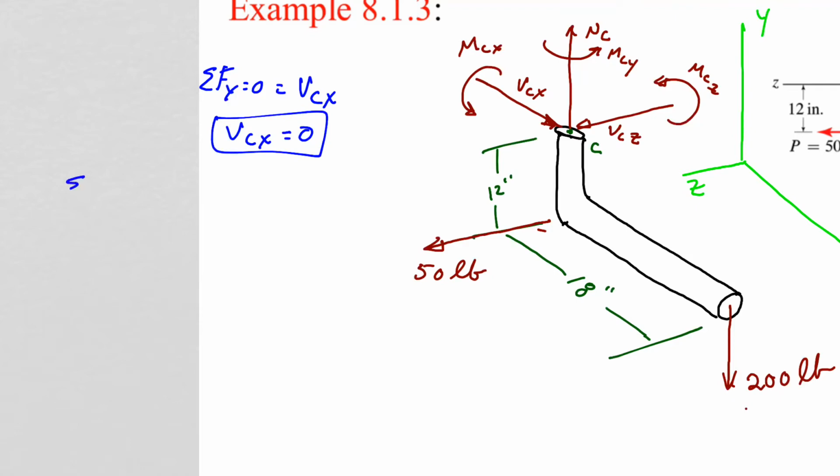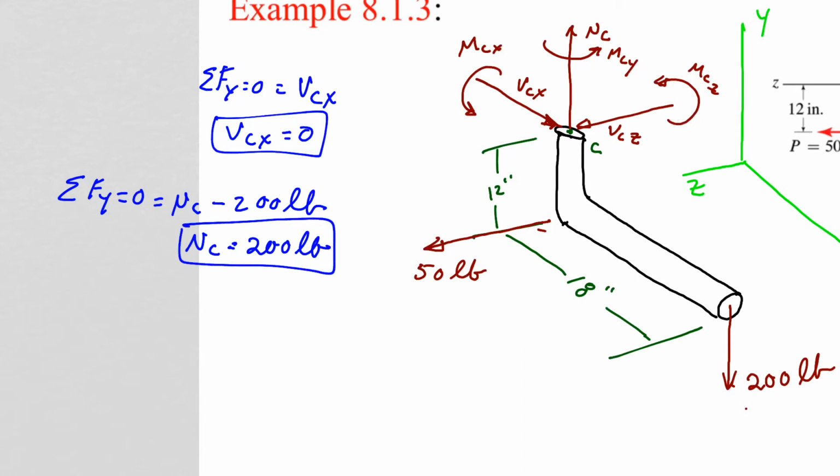Next, I'm going to sum forces in the y direction. And I have a positive NC, a minus 200 pounds. That tells me NC is in tension with 200 pounds. Next, I can sum forces in the z direction.